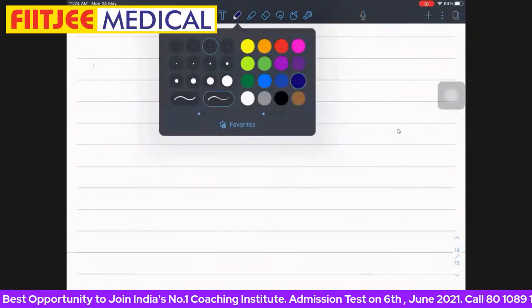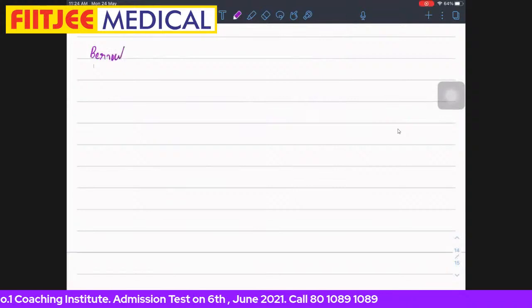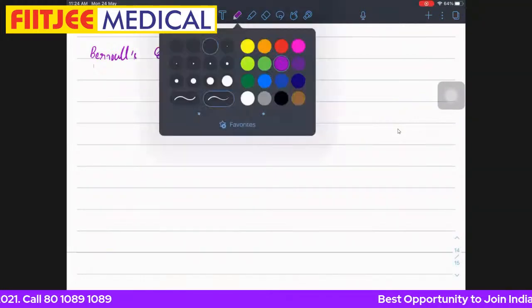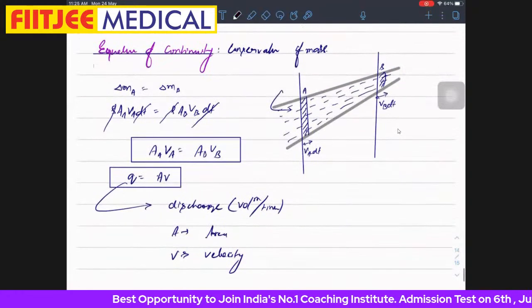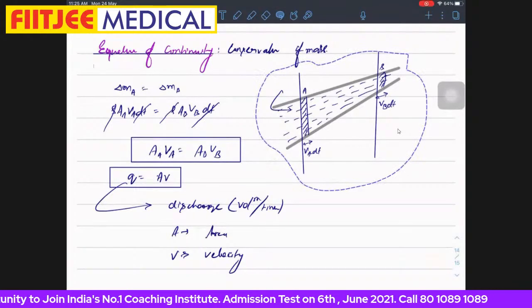After this we have Bernoulli's equation. What is Bernoulli's equation? We need a similar diagram.